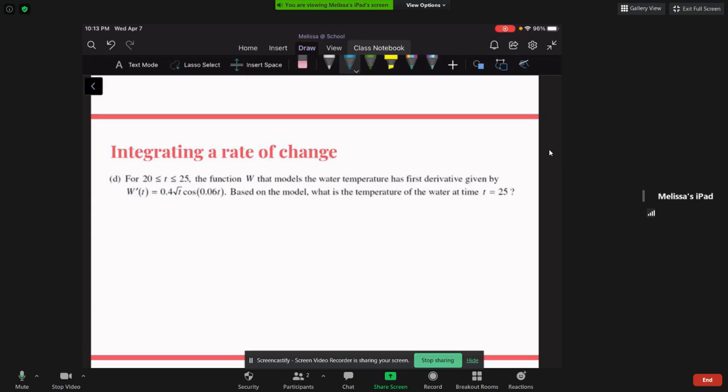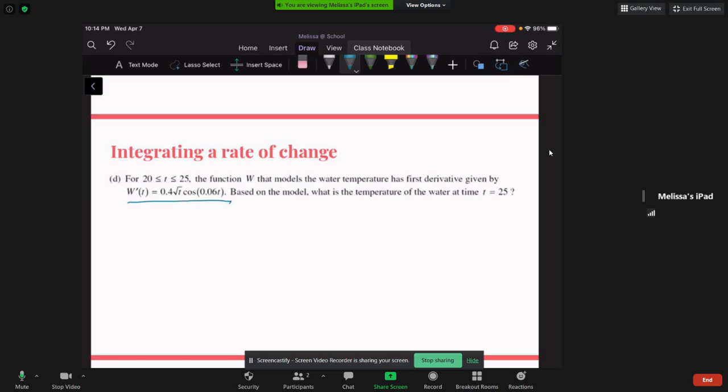The function W that models the water temperature has a first derivative given by W prime of t. Based on the model, what is the temperature at t equals 25?